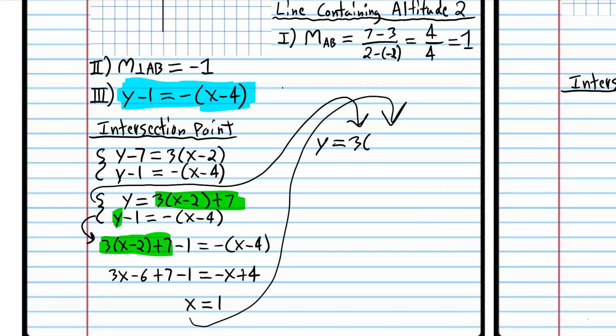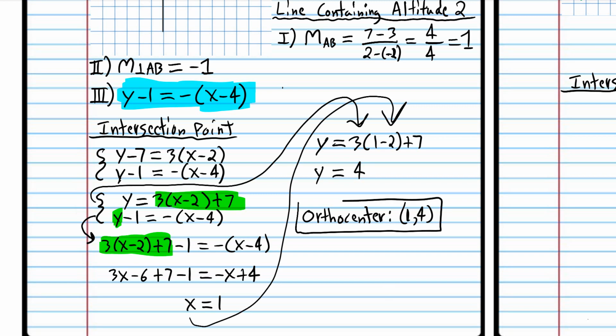And I'm going to plug in what x equals and then just solve, and we get 4. So the coordinate of the orthocenter is 1, 4. And that's what we expected. So that's the final answer.